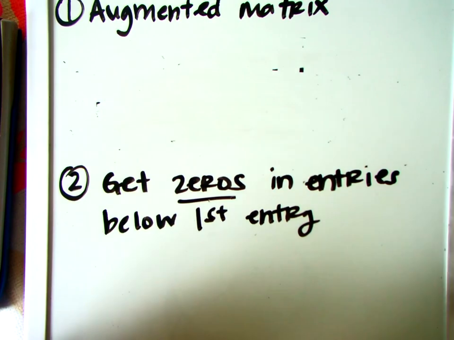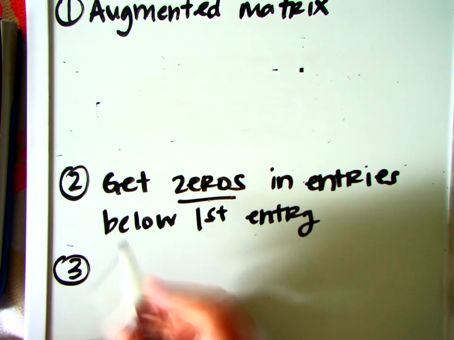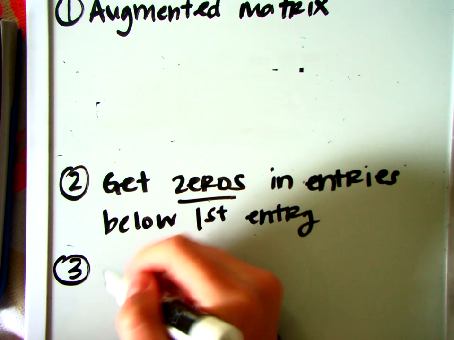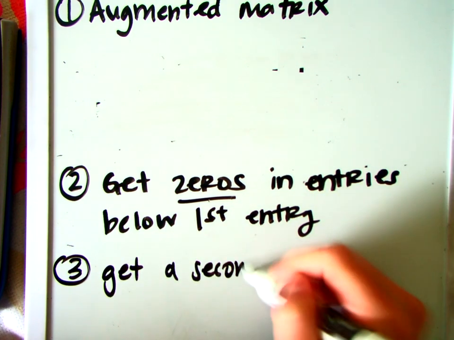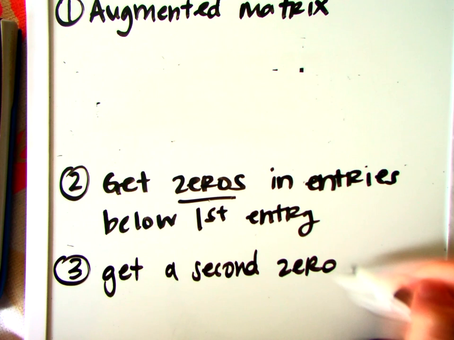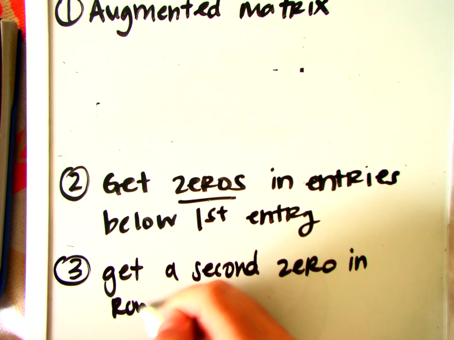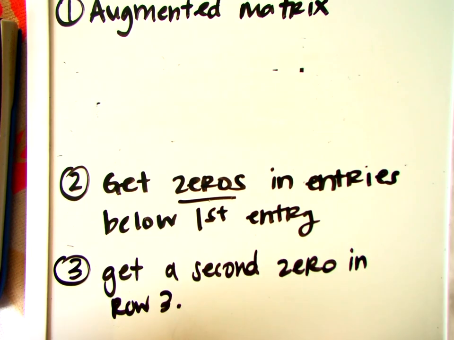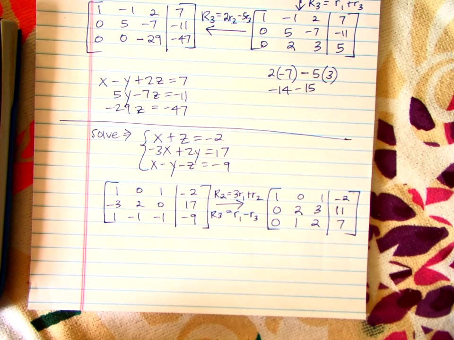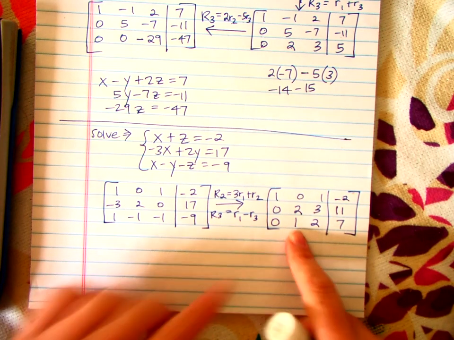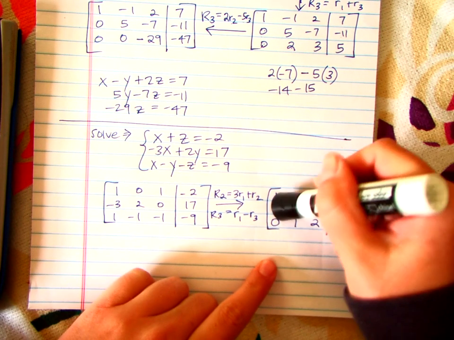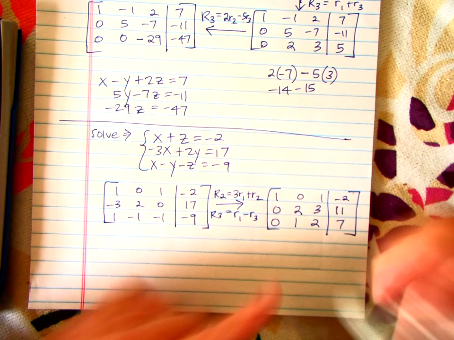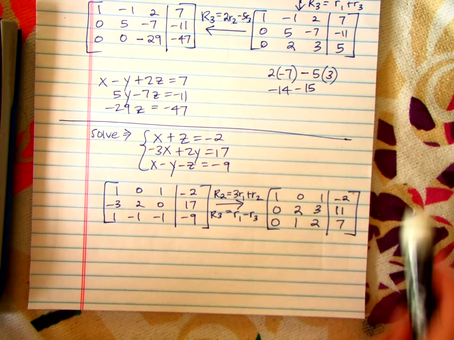And then step 3, which I kind of abandoned these notes over here, was get a second zero in row 3. Generally we like that to be this one because we want to build a triangle of zeros, and a triangle of coefficients is what the goal is, and we'll talk about why in a second.